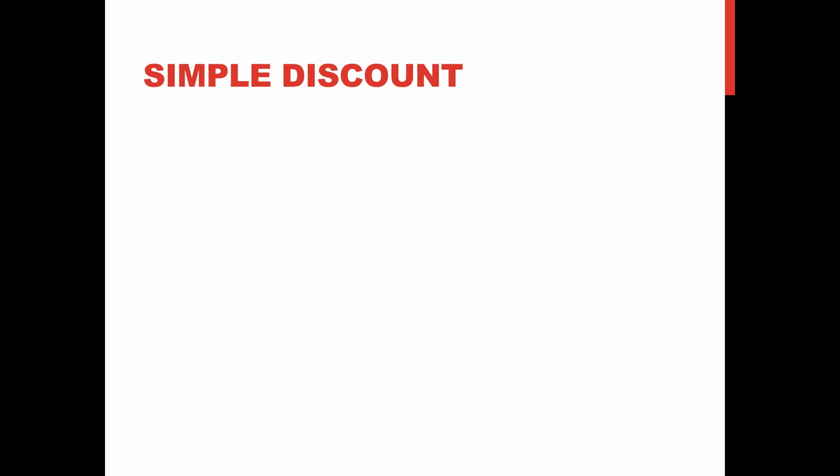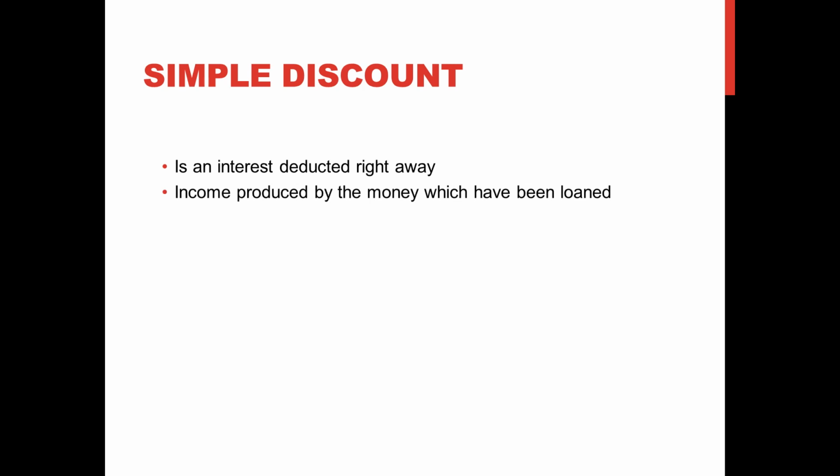So let us start with the definition of the simple discount. It is actually an interest deducted right away. It is income produced by the money which has been loaned, wherein the discount is equal to the future worth times N times D. So remember class, the discount is similar or synonymous to interest.